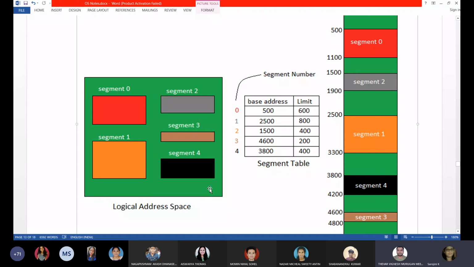And one more thing, the reason for segmentation is, when we see a program, for example, 10 lines of program, assume that 4 lines are an if-else statement. So in paging, what will happen?